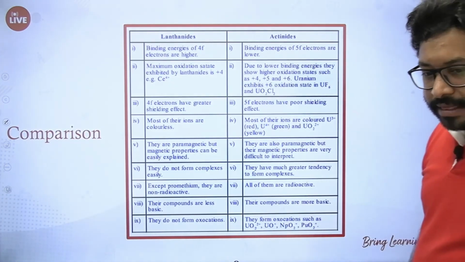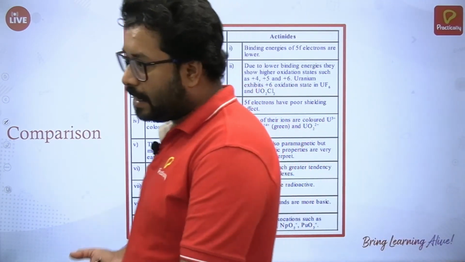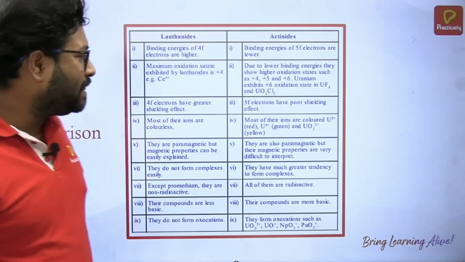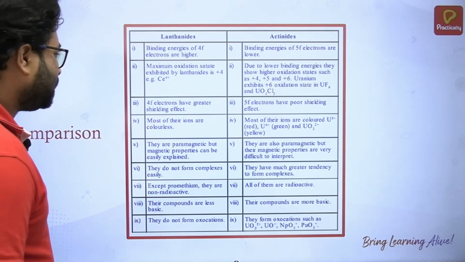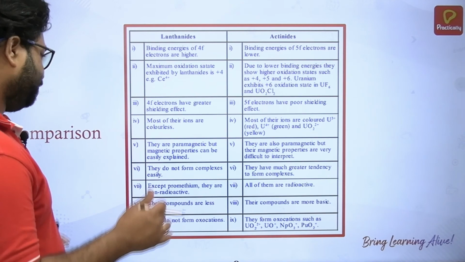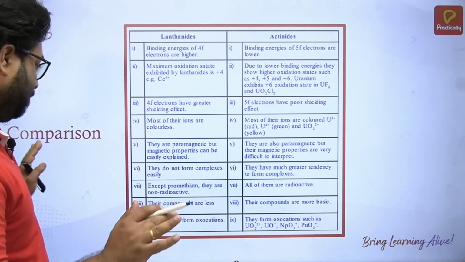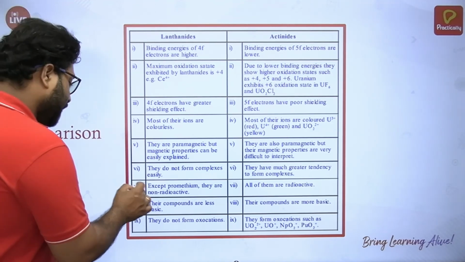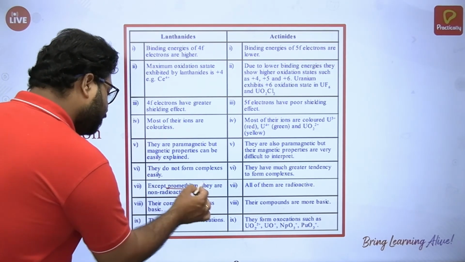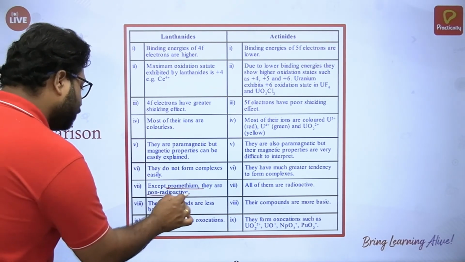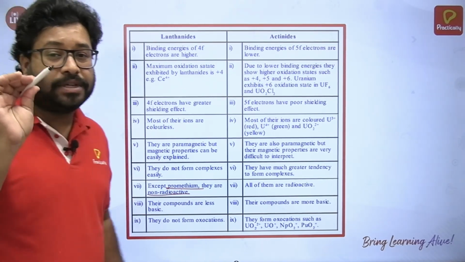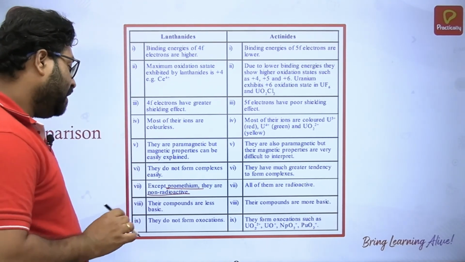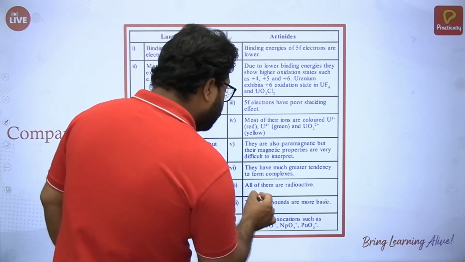Now comparison. If you want to compare lanthanides and actinides, most of the properties are similar. Where we have a difference is that in lanthanides, except promethium, all are non-radioactive. In lanthanides, only promethium is radioactive. In actinides, all of them are radioactive.